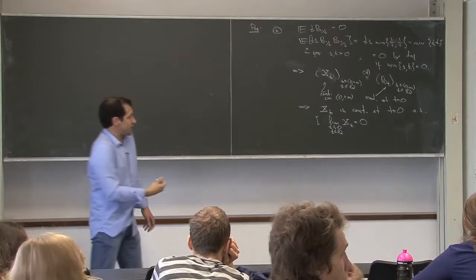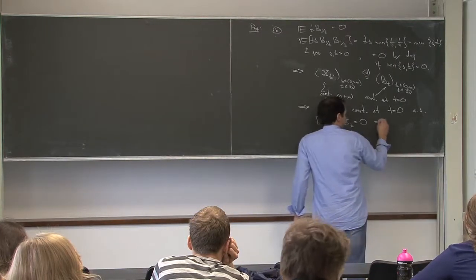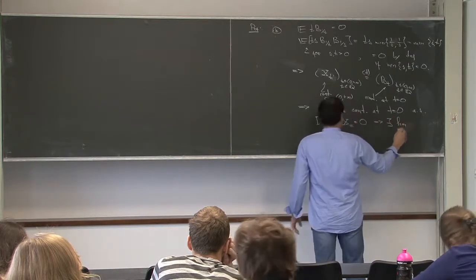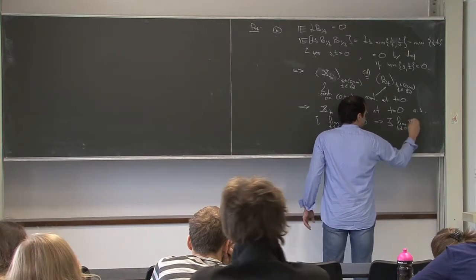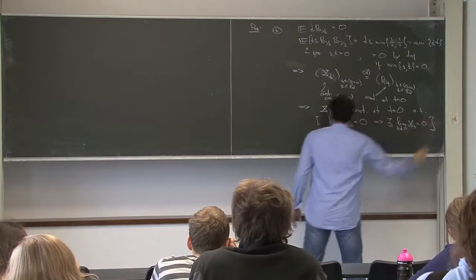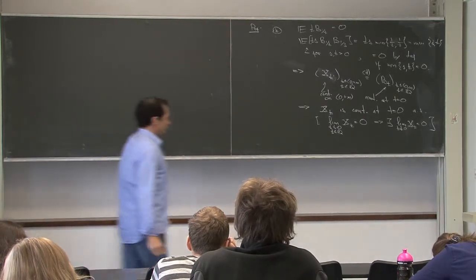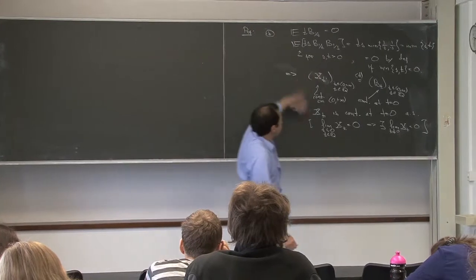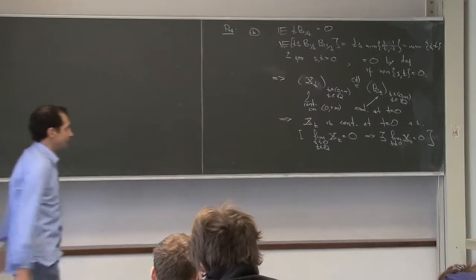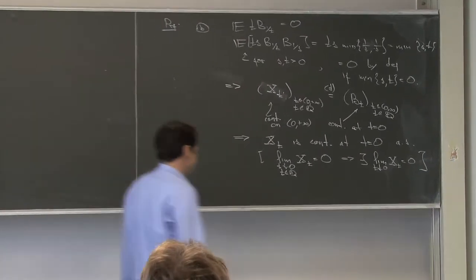And then it just means that there exists a limit which is 0. And once I know that this process is indeed continuous on the whole half line, then okay, that's just a triviality.